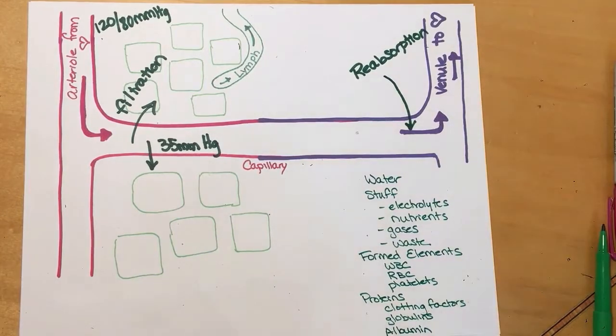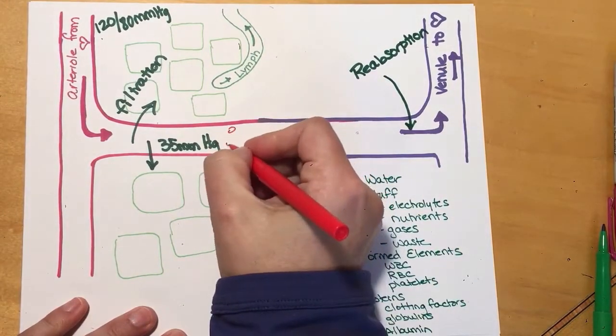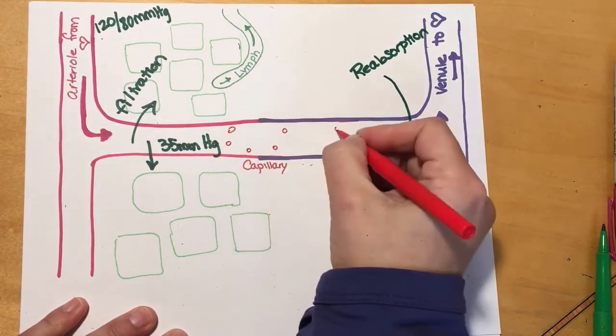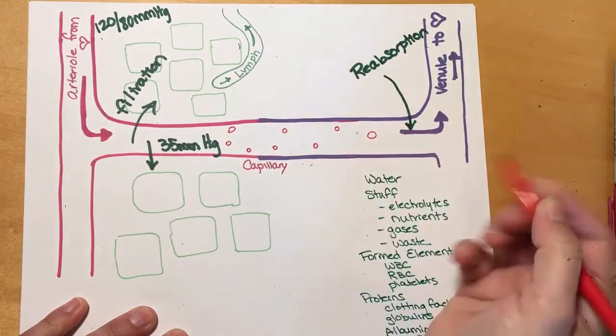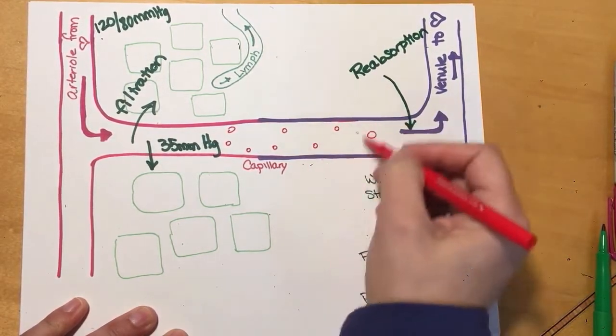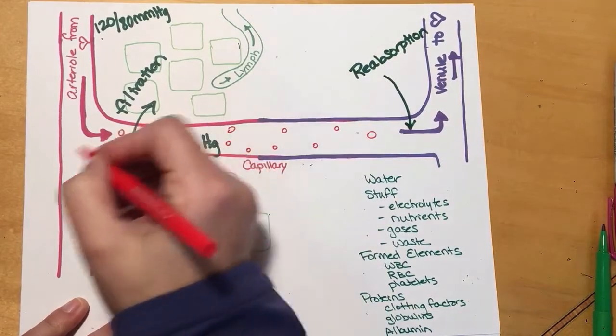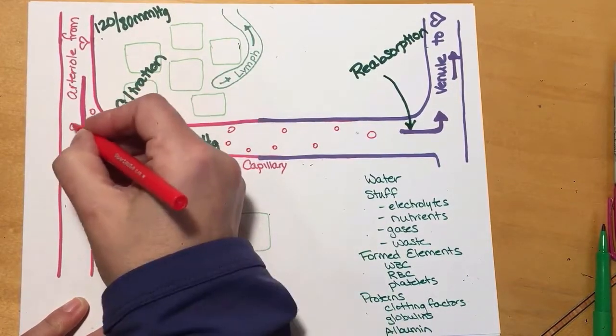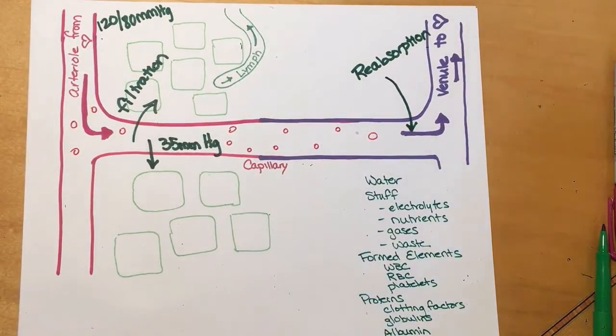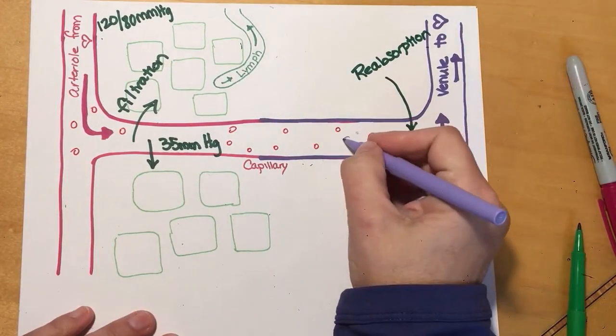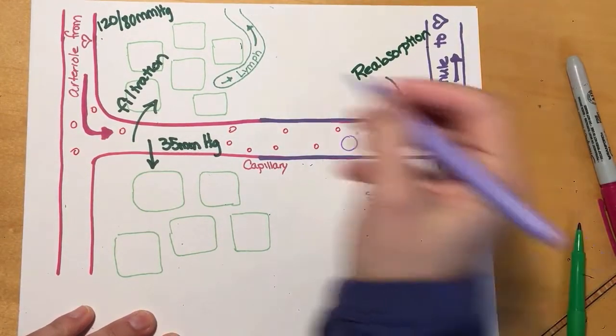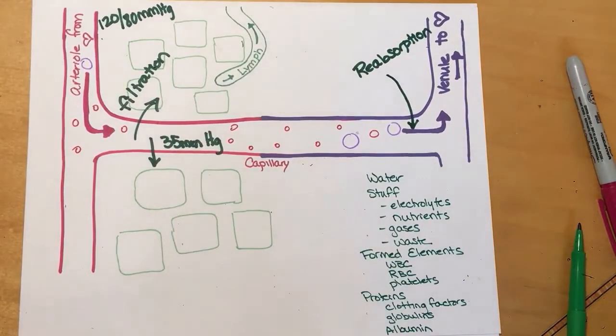And if we were to draw out what it looked like, you could see you have a bunch of red blood cells. Obviously, you're going to have a lot more than this. And they're actually kind of bigger. Red blood cells take up almost the whole space of a capillary, but I'm not drawing to scale here. We also have white blood cells, which are even bigger than the red blood cells. There's not that many of them.